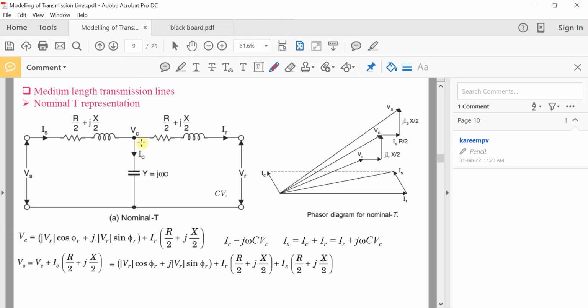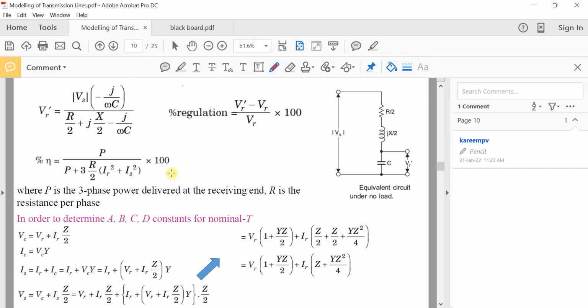Once you write Vc in terms of Vr and Ir, you can get the expression for Vs in terms of Vr and Ir. Let us see how we can get that.